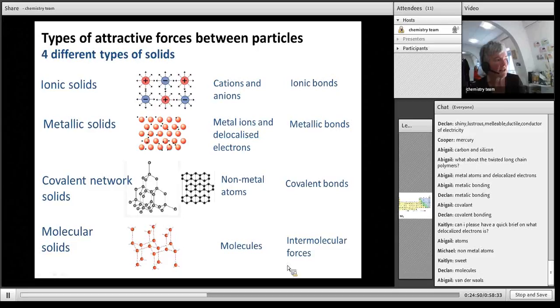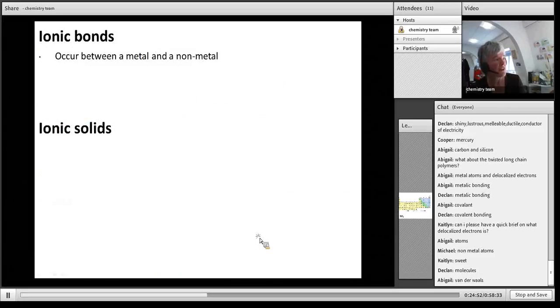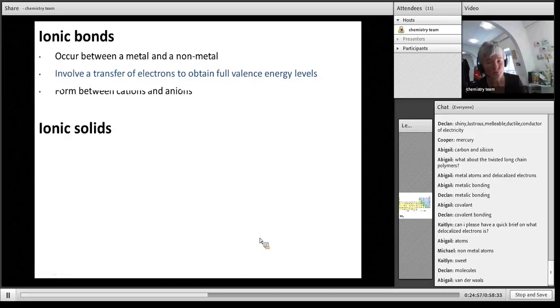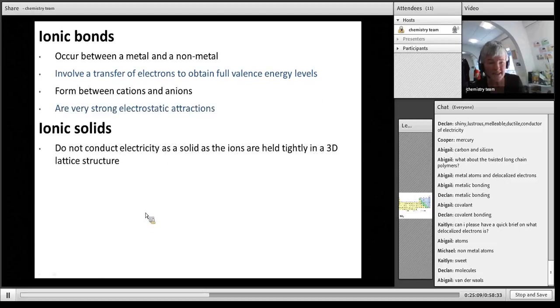Okay, so this is a summary of what we did last time. That's our theory. Where do we find it? Metals and non-metals. When they combine, it's a transfer of electrons, so we get cations and anions, and they're very strong. And our properties, the macro, is they don't conduct electricity, and this is our reason why, based on this theory.